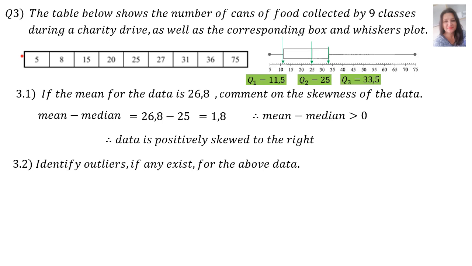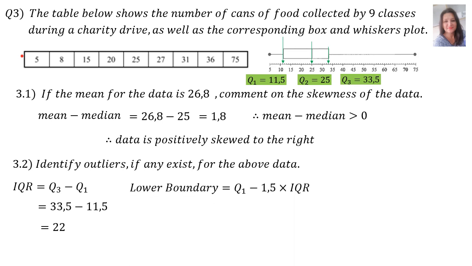3.2. Identify any outliers, if any exist, for the data. So again, now we have enough information because we have the quartiles and we have the mean. Then we can first of all say the IQR, the interquartile range, is Q3 minus Q1, which is 33.5 minus 11.5 is 22.